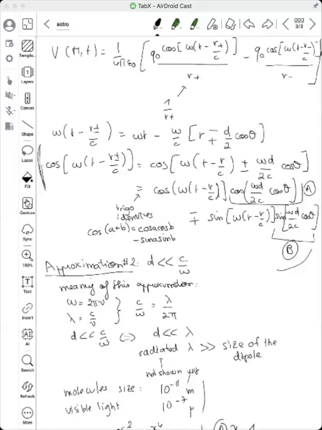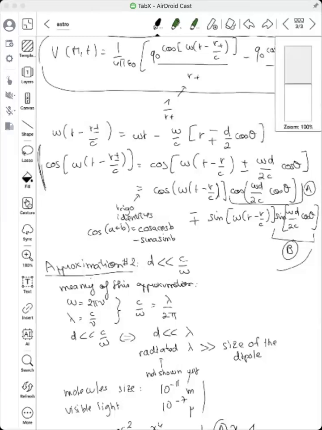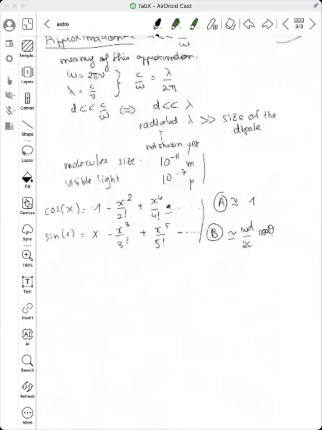So I had this expression of the potential that I want to simplify. I remind you that this is my motivation the entire time: I want to write the potential and simplify it. As opposed to the static case, it's harder to simplify, but I can simplify it with this.